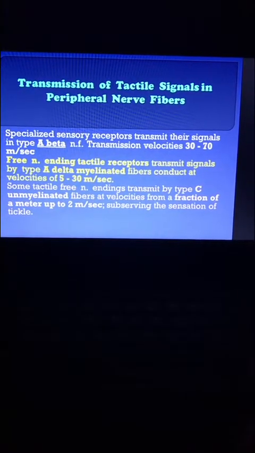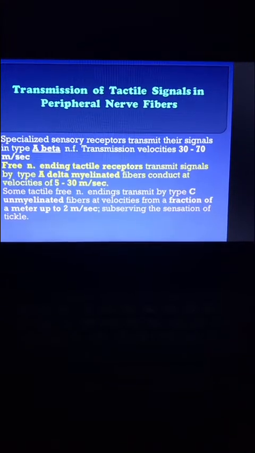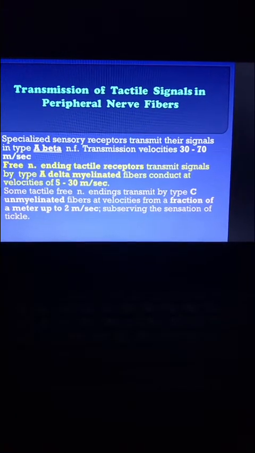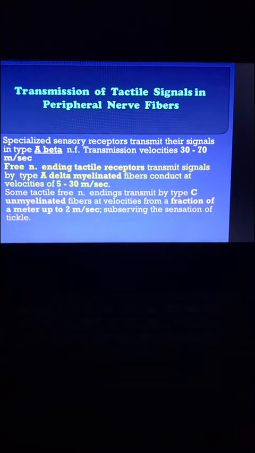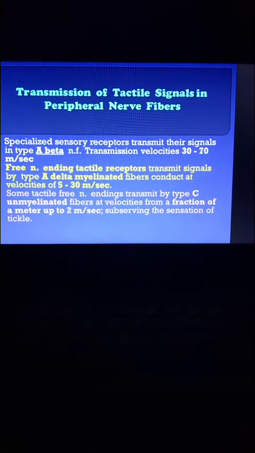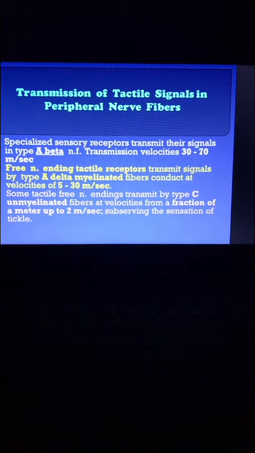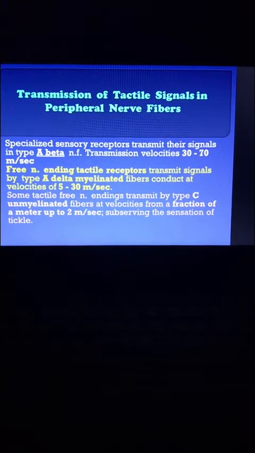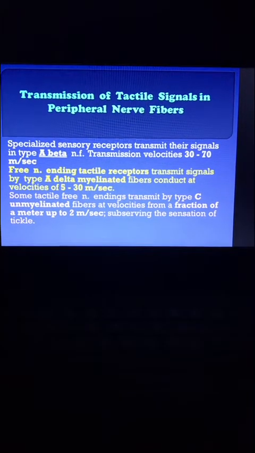The transmission of tactile signals in the peripheral nerve fibers: the specialized sensory receptors transmit their signals in type A beta nerve fibers. The transmission velocity is about 30 to 70 meters per second.